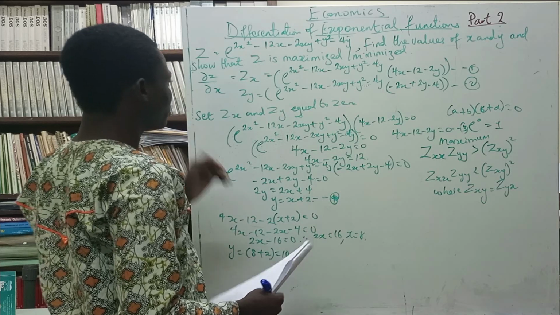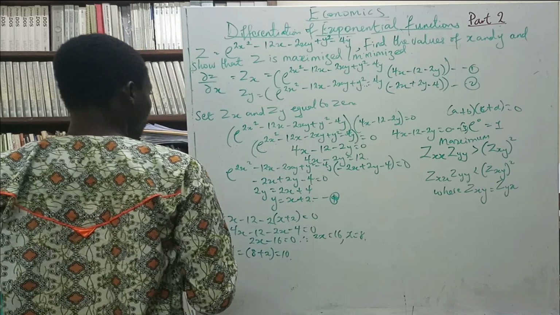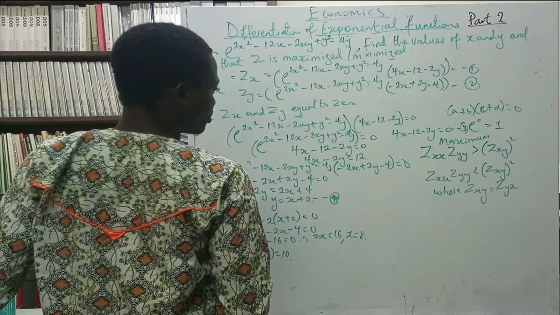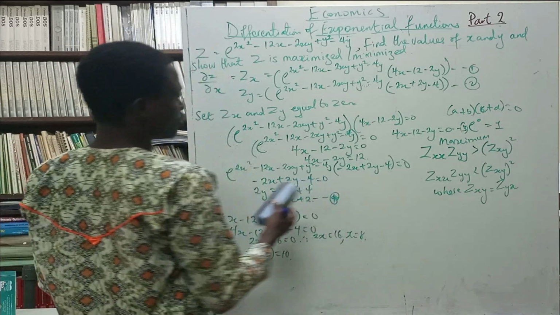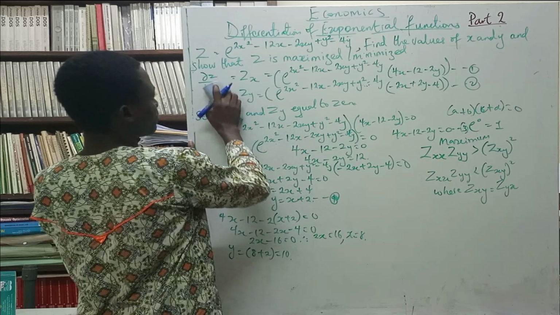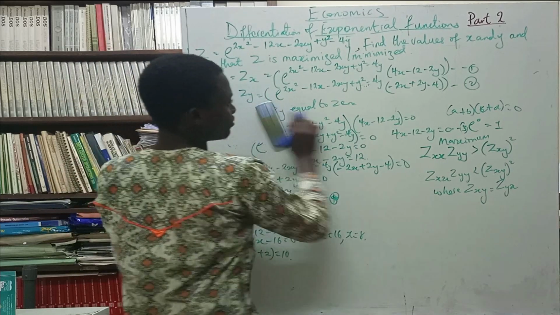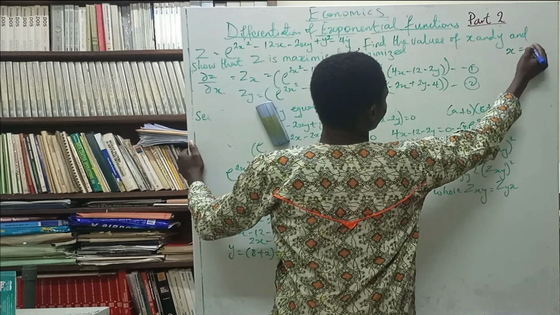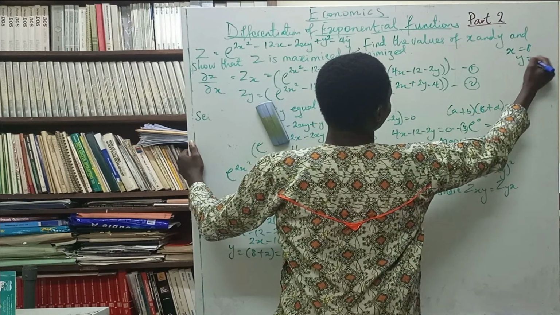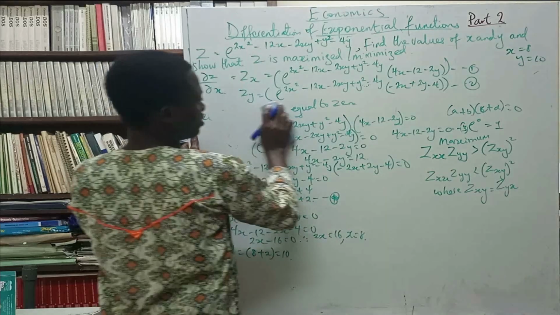So let me wrap up the board. So just kind of know that condition. So okay, if this is zx, we already have x equals 8, y equals 10.